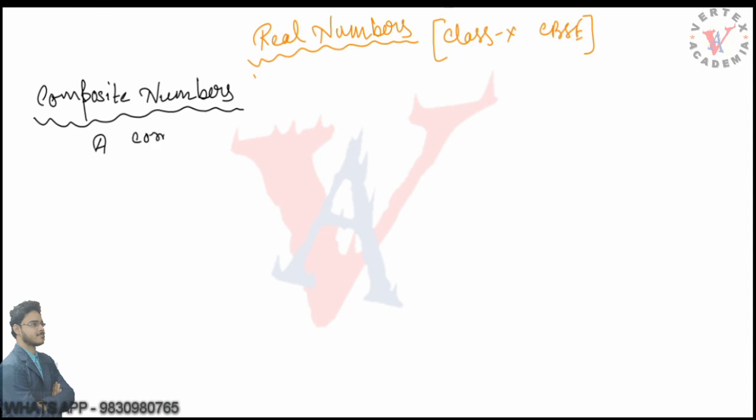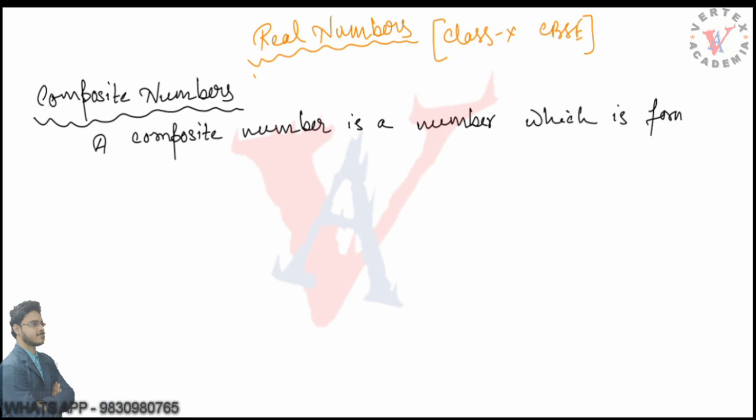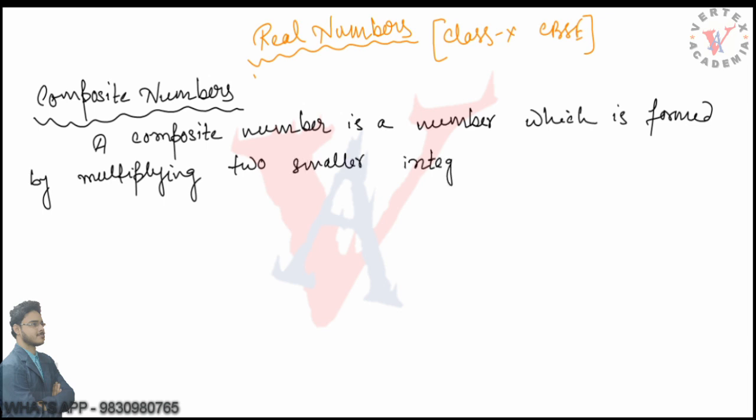A composite number is a number which is formed by multiplying two smaller positive integers.